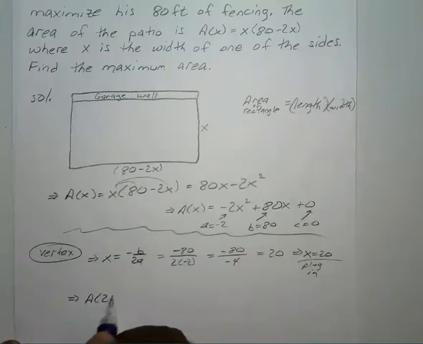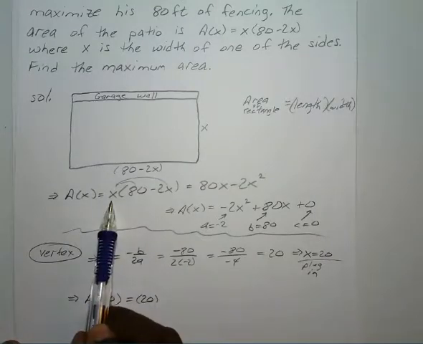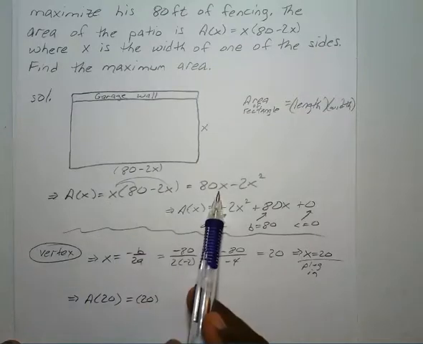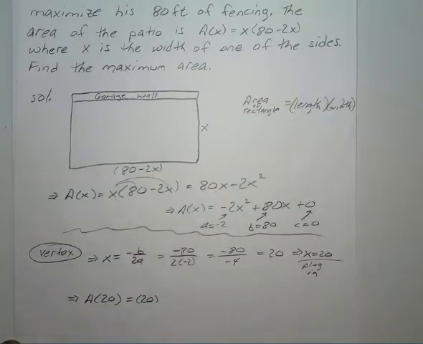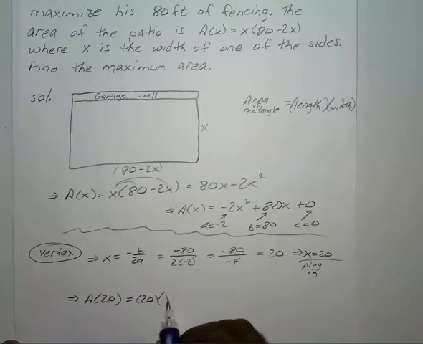So A of 20 is equal to 20. Remember, we're just using our original formula if we want to, or you can use the extended version. Doesn't matter which one you use, same thing. But just using this one, so you have 20 times 80 minus 2 times 20.